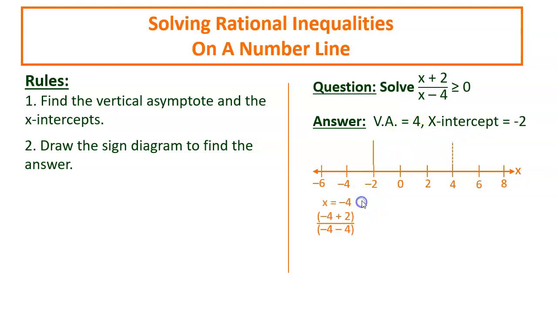From the leftmost part, I have taken x equals negative 4. It is negative 4 plus 2 and negative 4 minus 4, so minus 2 over minus 8. A negative number in the numerator and a negative number in the denominator, hence the answer will be positive.